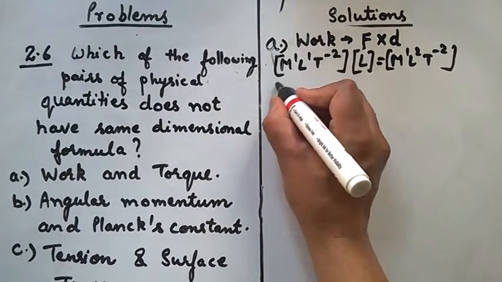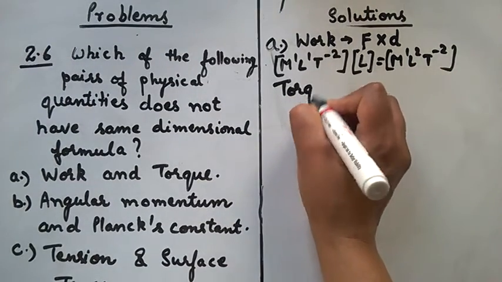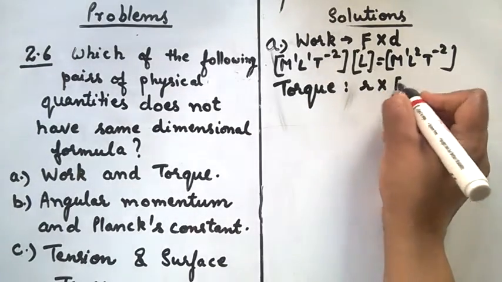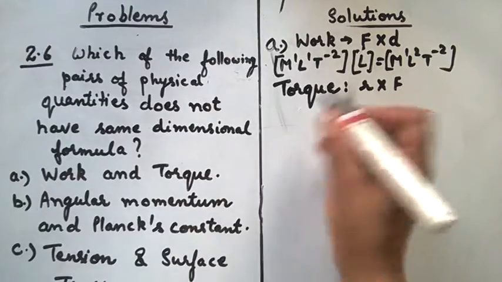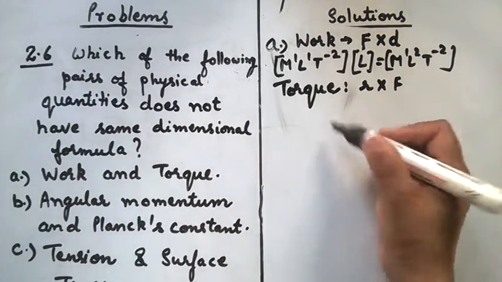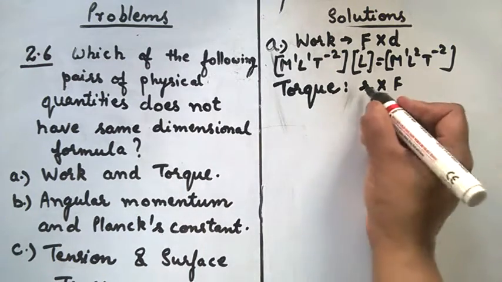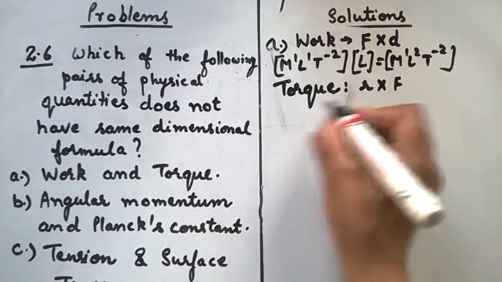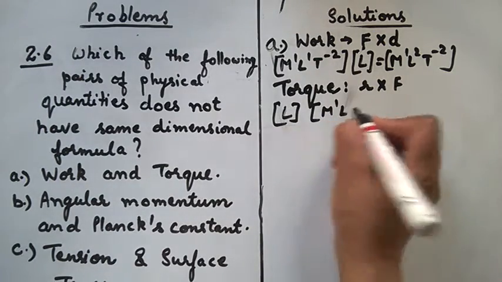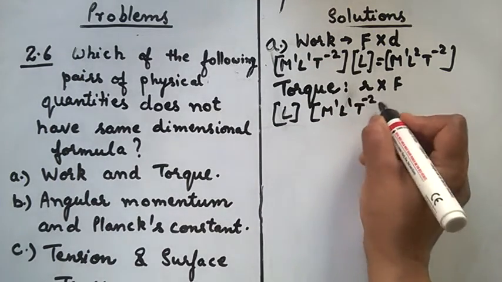Torque is a force and it is given by R cross F. It is a force which acts to rotate the body in a circle. That is, R is a distance and F is M1 L1 T minus 2.